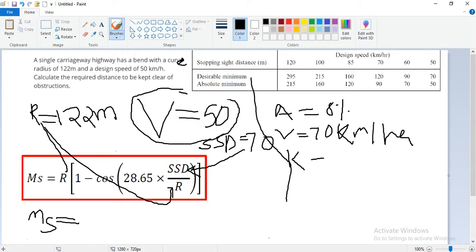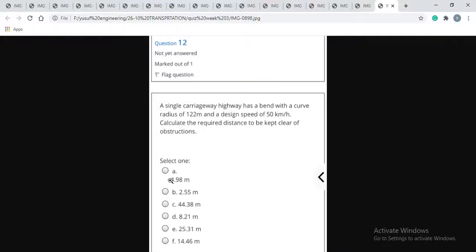And the answer is 4.98 meter. So the option will be A. 4.98 meter.